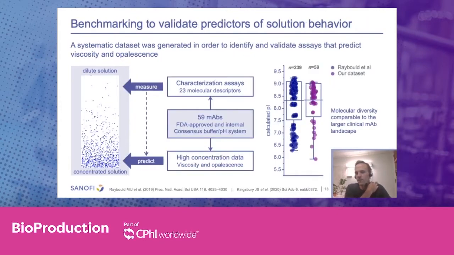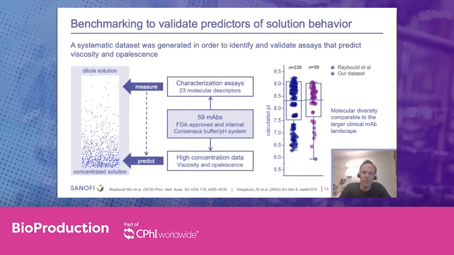This figure illustrates our approach. We started with a data set of 59 different internal and approved antibodies, and we generated a high concentration data set in terms of viscosity and opalescence. This is the proof of concept data set. We also characterized these in dilute solution and performed a number of calculations on the amino acid composition as well.